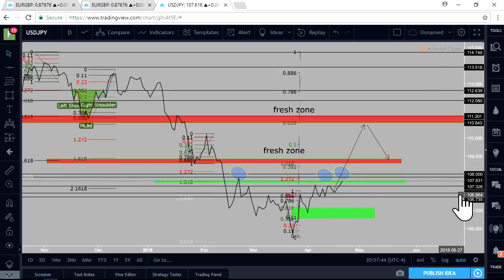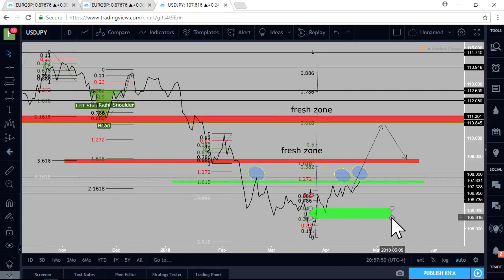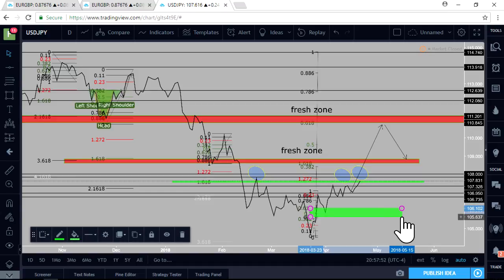No, it's 106,950. And we're just using fibs right now. So if that market comes back around any one of those levels, I'm going to enter that trade and hold it. Just hold it.